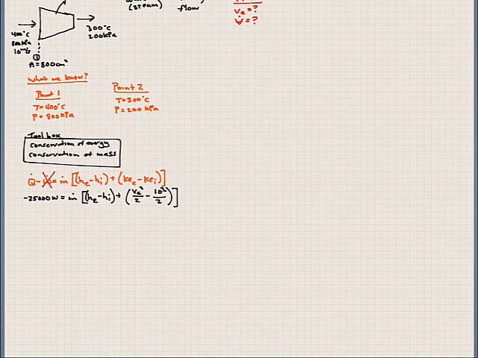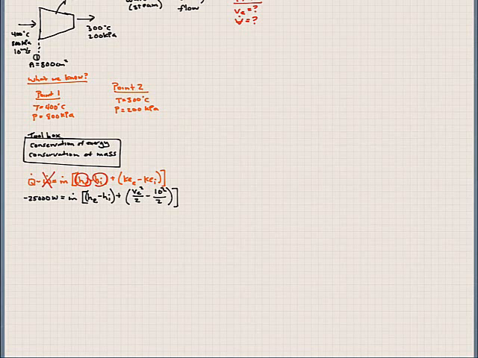Okay. So this helps us to identify what it is that we know and what we don't know. So what we need to find are the enthalpies at the exit and the inlet. And while we're at it, let's just find those for now.